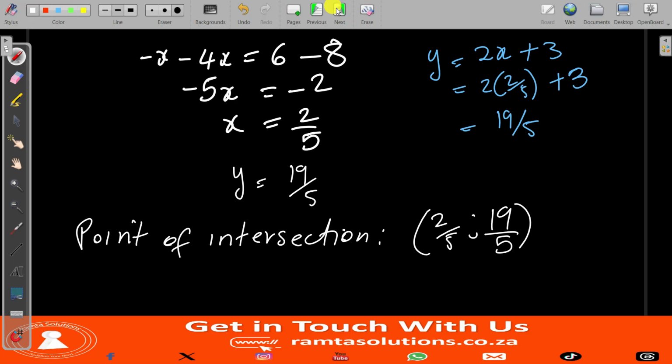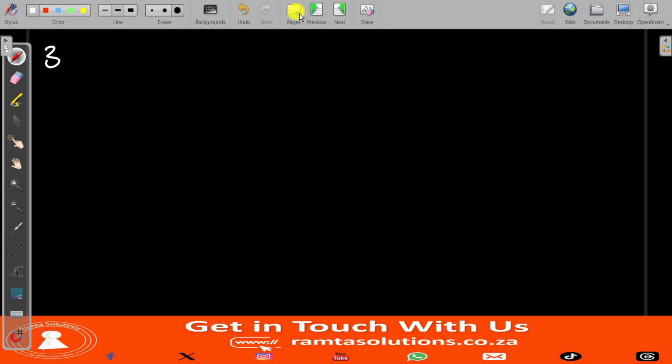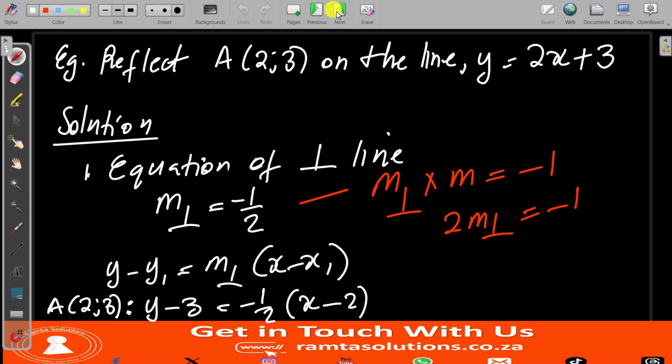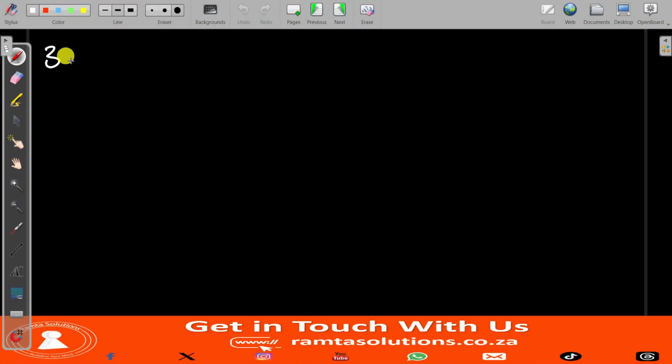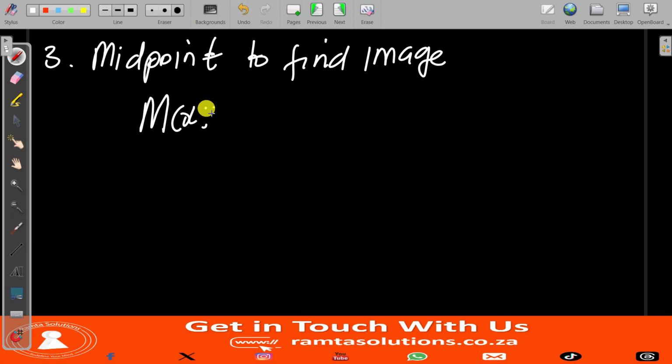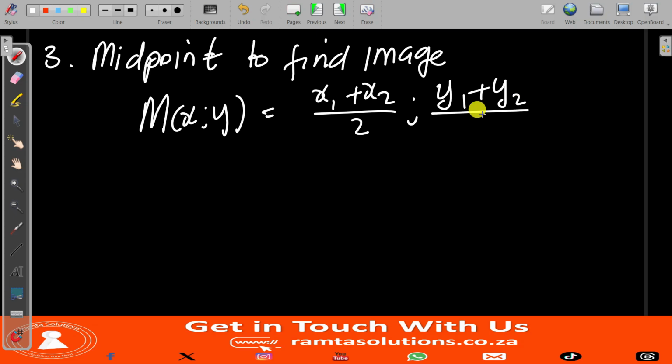Okay, so number 3, what did we say? Finding image. So midpoint to find image. Again, a reminder, the midpoint: x sub 1 plus x sub 2 over 2, and y sub 1 plus y sub 2 all over 2.